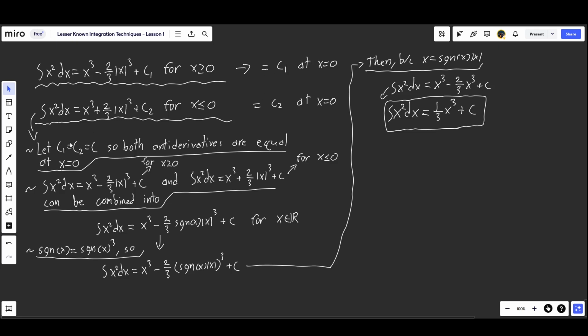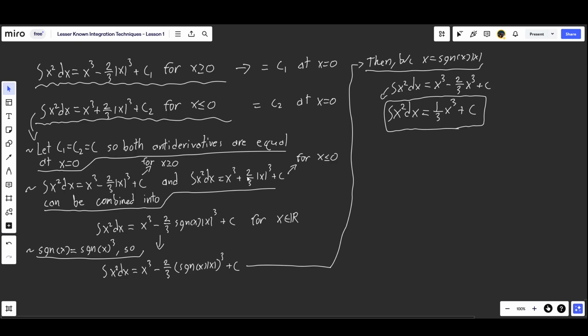If we set c1 equal to c2 equal to just some constant of integration c, we can rewrite the indefinite integral of x squared with respect to x equal to x to the third minus 2 over 3 times the absolute value of x to the third plus c for x greater than or equal to 0, and x to the third plus 2 over 3 times the absolute value of x to the third plus c for x less than or equal to 0. And these antiderivatives are now continuous with each other because they have the same value at x equals 0.